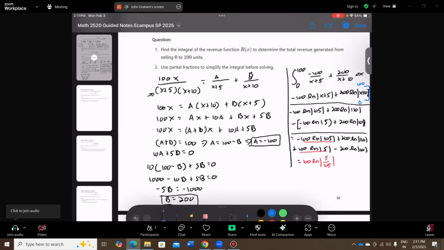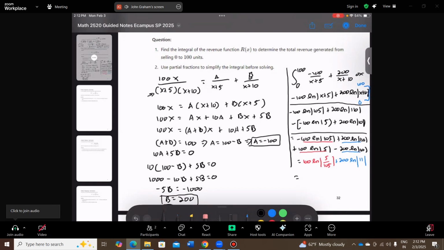The other one, I'm going to do it in blue, we can write that as 200 natural log of 110 over 10, which is going to be 11. That's going to make this easier to put in your calculator.